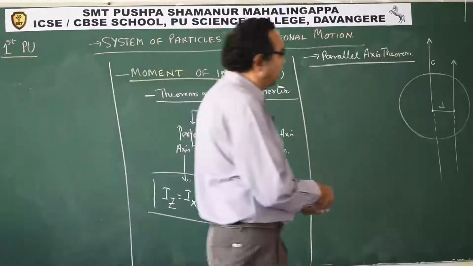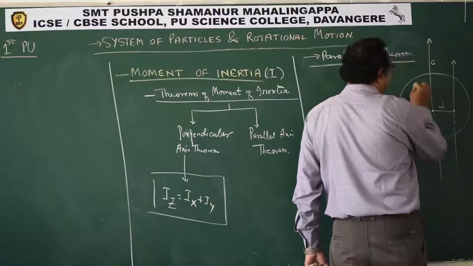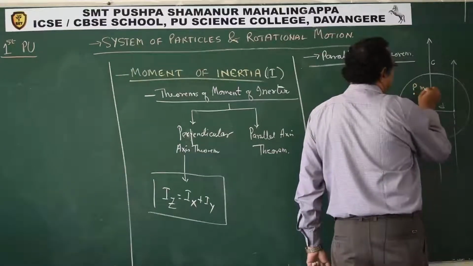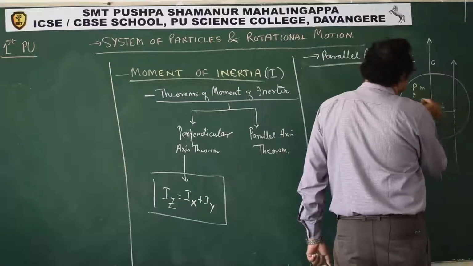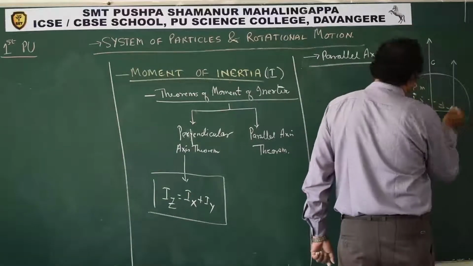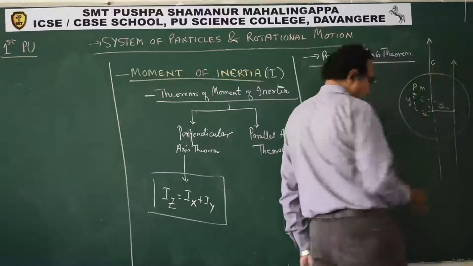So what we will do now is, let us take one particle P, mass is m, and this is y and this is x.